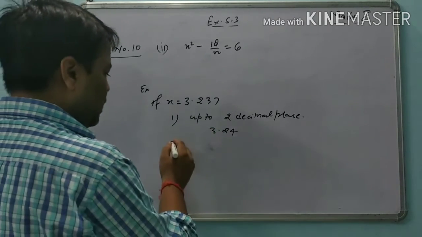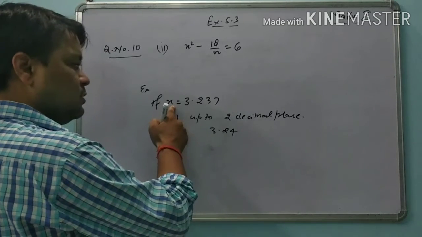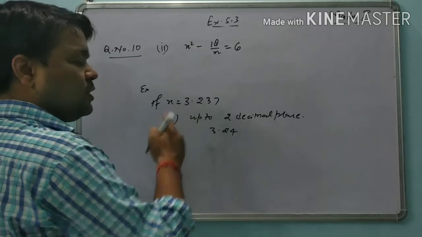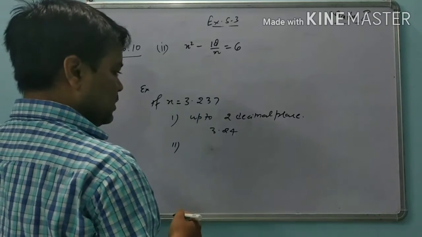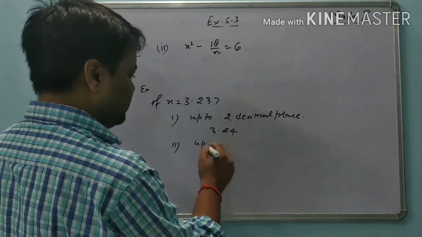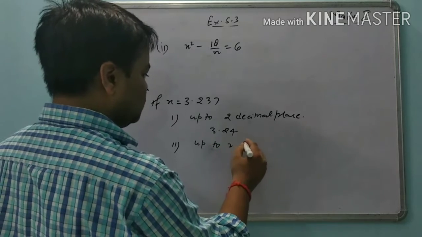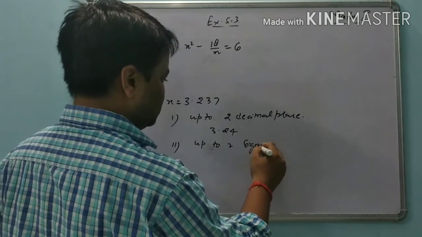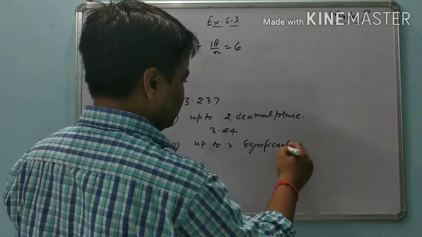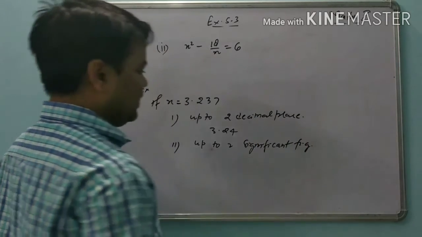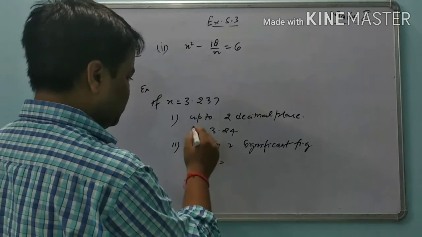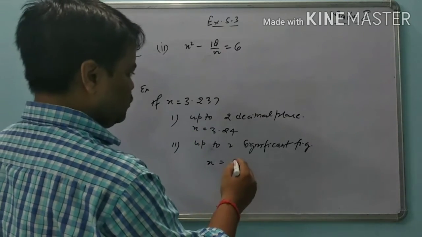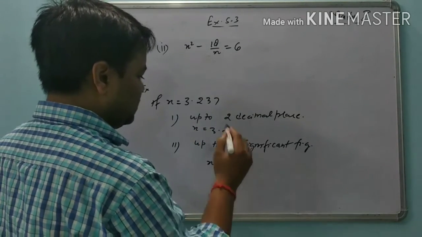Now, if the same answer x is equal to 3.237, but we find it up to two significant figures, we take x is equal to 3.2 only.